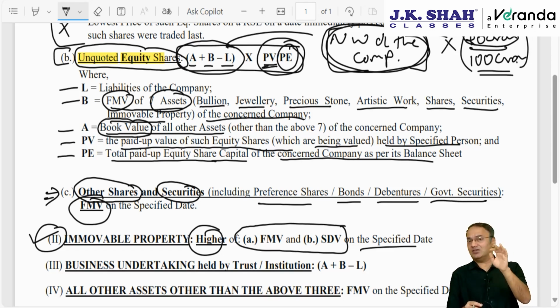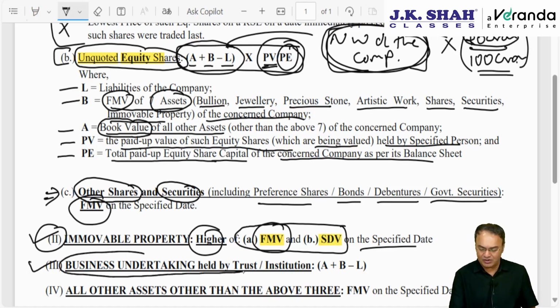Here it is FMV or stamp duty value, which is a bit off the track, so chances are very high that you may forget to do higher of the two, and you may forget that it is stamp duty value versus FMV. Many people I've seen end up taking cost of acquisition versus stamp duty value. Don't do that, it is FMV versus stamp duty value.